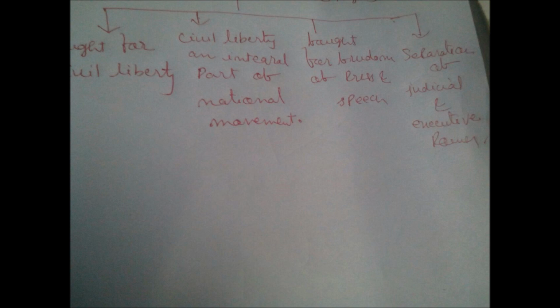This point will also come under the democratic rights, because you see, what did the Congress do? Congress always fought for civil liberty. Civil liberty was an integral part of the national movement. Congress fought for freedom of press and freedom of speech. Congress supported the separation of judicial and executive power.